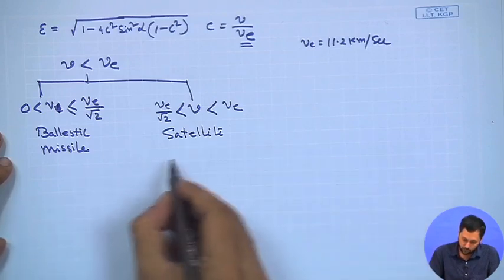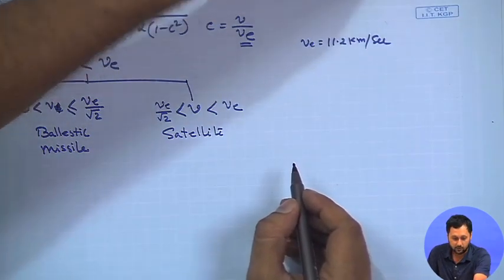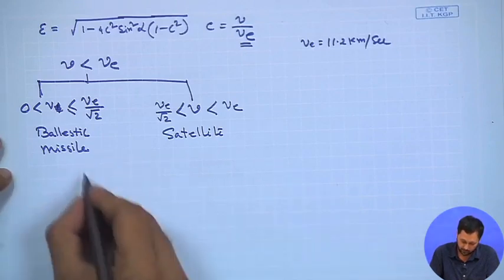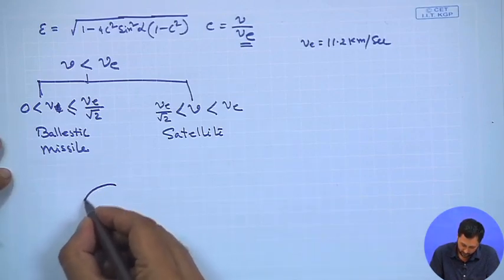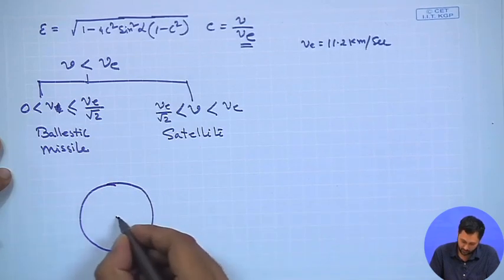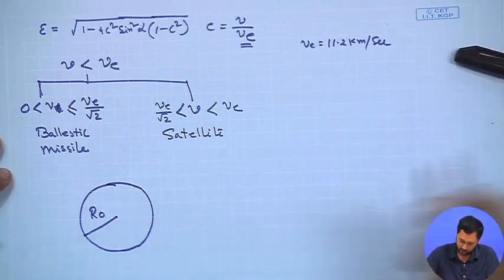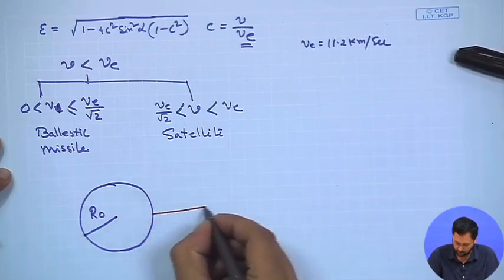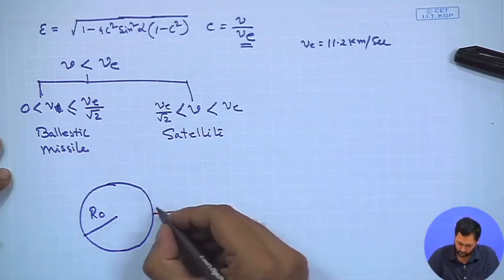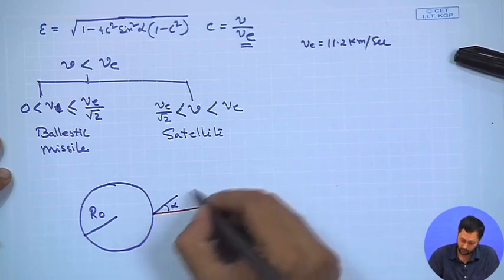We also found a certain condition for getting a satellite, and we did that by keeping in mind this particular picture. This is our Earth with radius r0, and if this is my launch position, the velocity of the launch is v with an angle alpha with the horizontal direction.